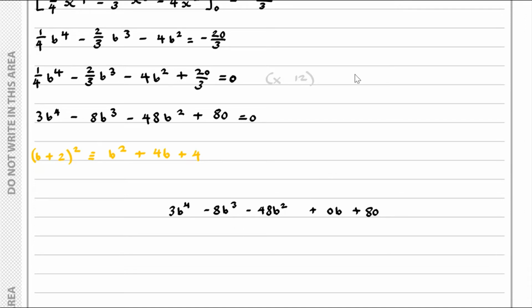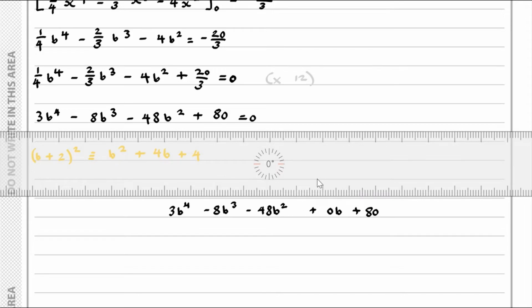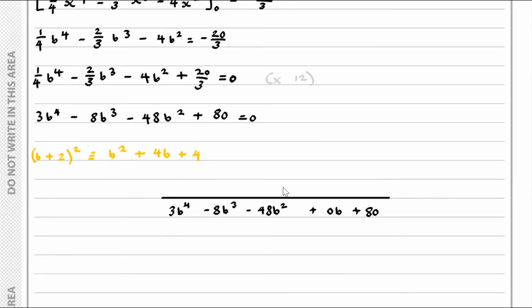It makes my polynomial division a bit easier. And we're dividing this by b squared plus 4b plus 4.